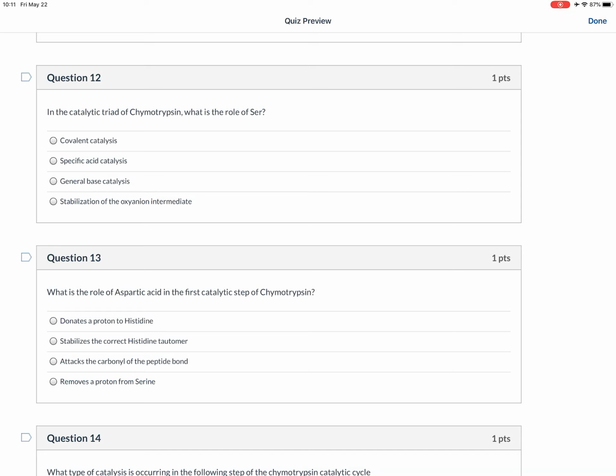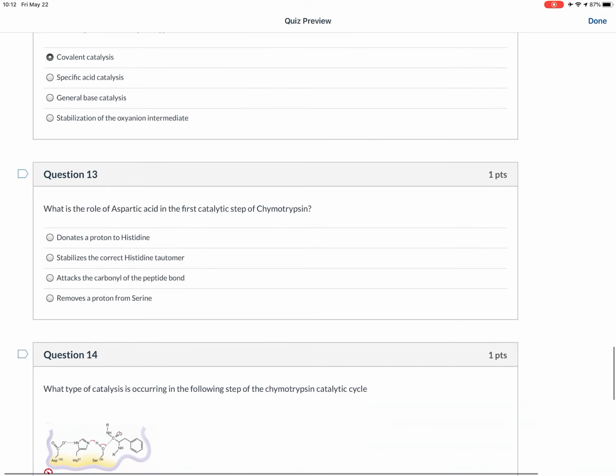And then serine is going to play a role in forming a bond to the carbonyl group of our incoming peptide, and to form the enzyme acyl intermediate. It's a nucleophilic attack of the oxygen in that serine. And so this is going to be a covalent catalysis, covalent because we're going to form a covalent bond here.